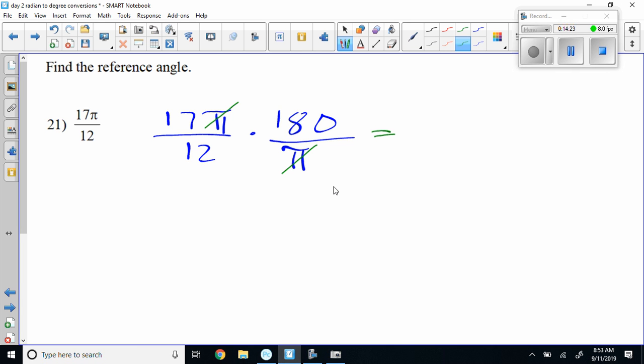Let's do it. 17 times 180 divided by 12. 255 degrees. Okay, can you do the reference angle on that now? Do you see how that can help you?